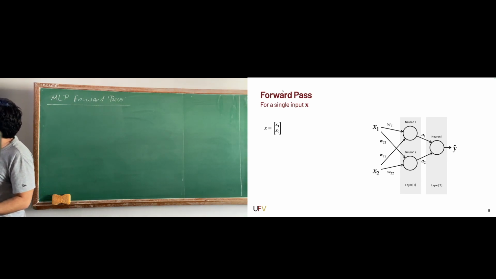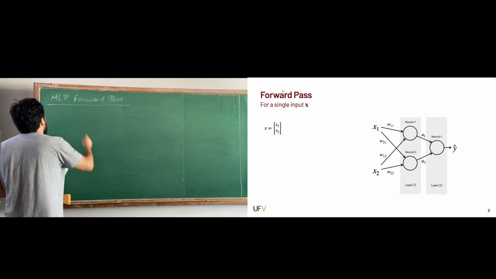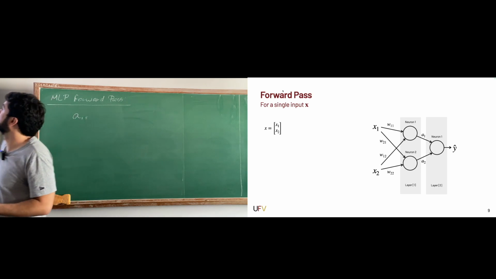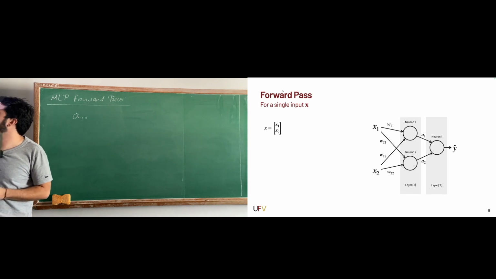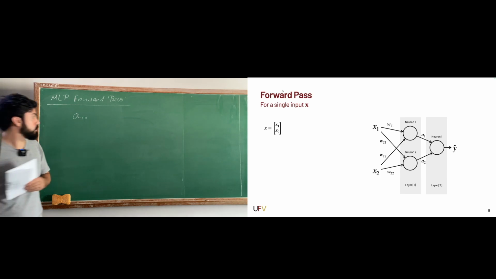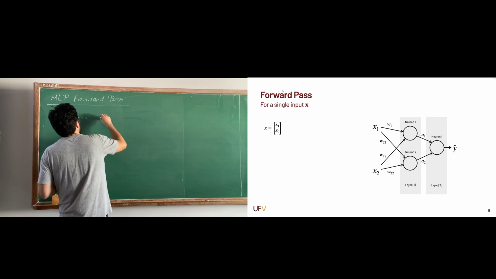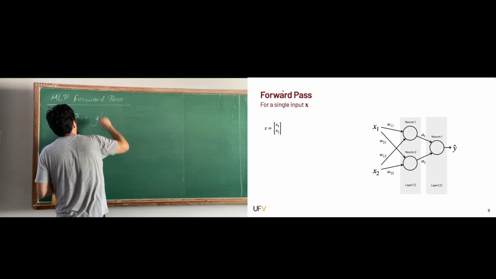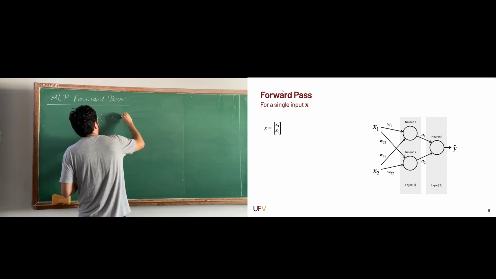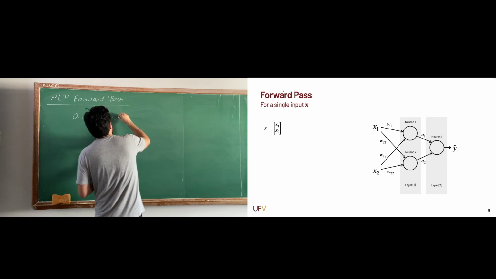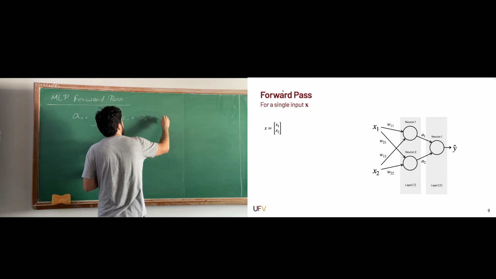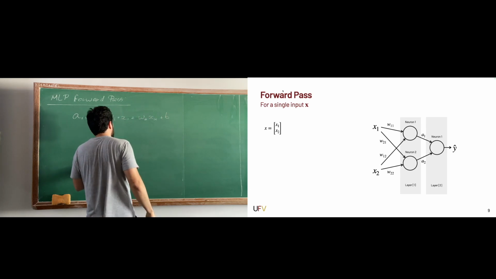So I want to formalize how to compute A1 and A2. Okay, and A1 here, what is A1? Now X1 and X2 are actually dimensions of that vector X. So A1 would be G of W11 times X1 plus W21 X2 plus B1, okay?